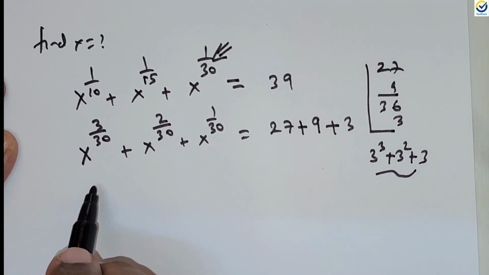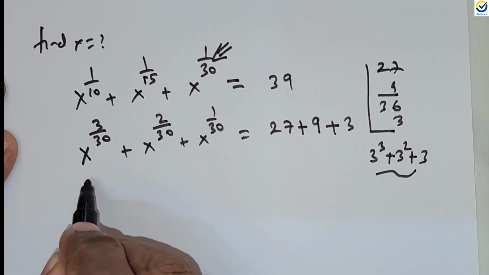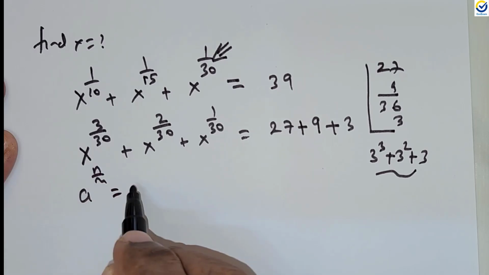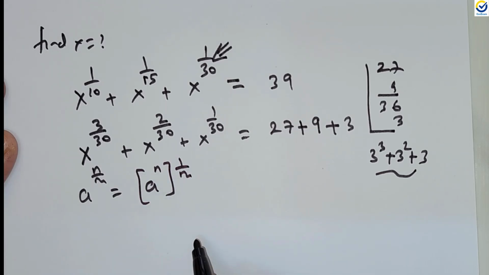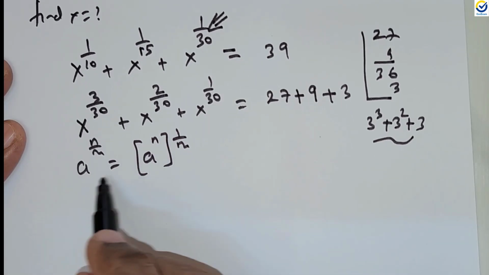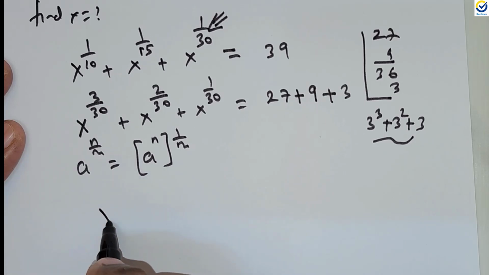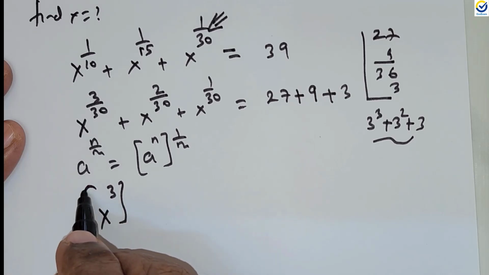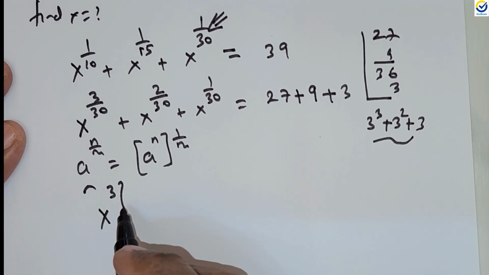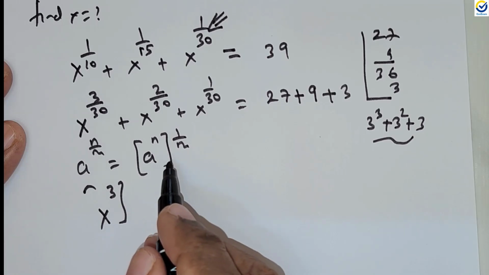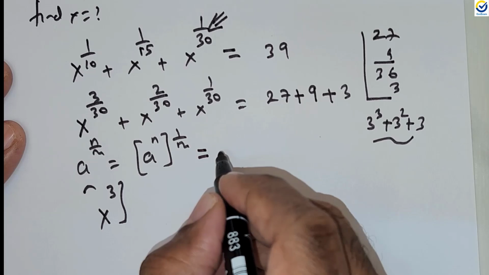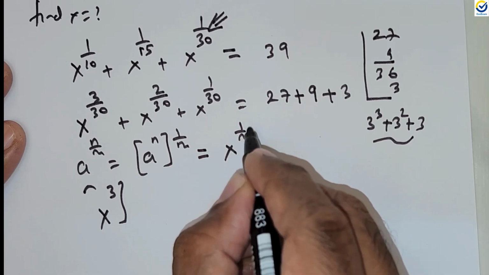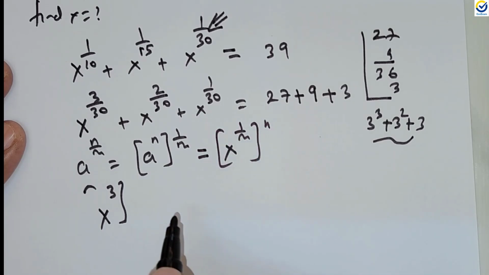Now a raised to the power of n over m can be rewritten as a raised to the power of n, the whole raised to the power of 1 over m. Instead, I would rewrite it as x raised to the power of 1 over m, the whole raised to the power of n.